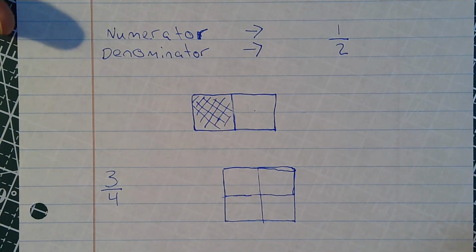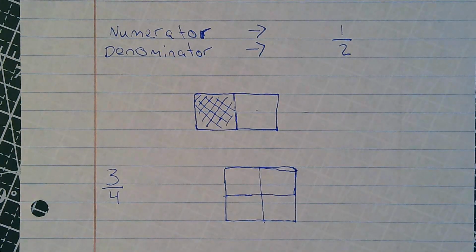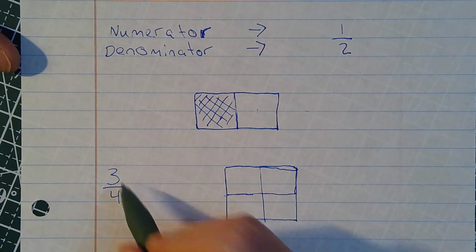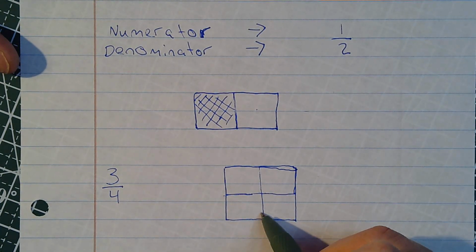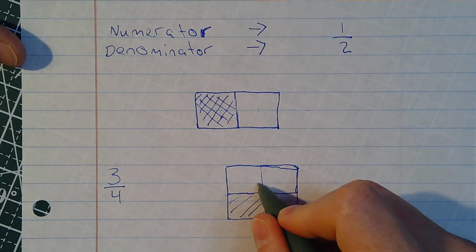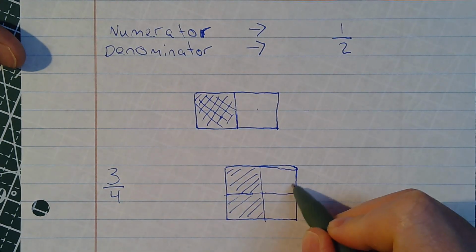So our next step, I've got my 4 pieces and it's cut into 4 parts. Now I need to know how many are shaded by the numerator, which says 3. So I'm going to shade 1, 2, and 3.